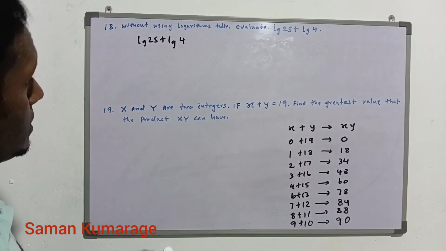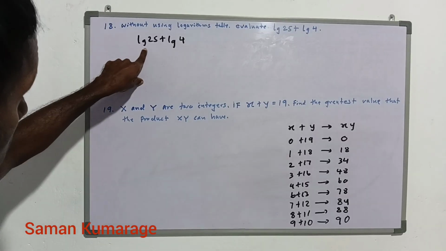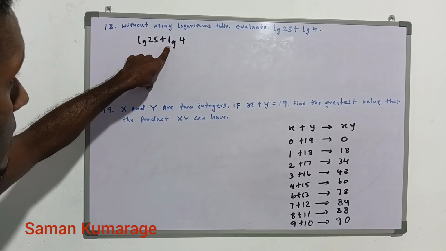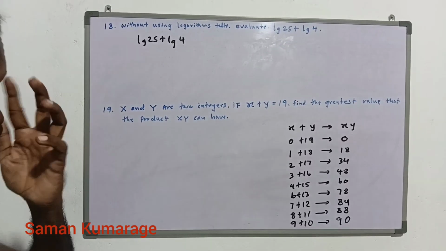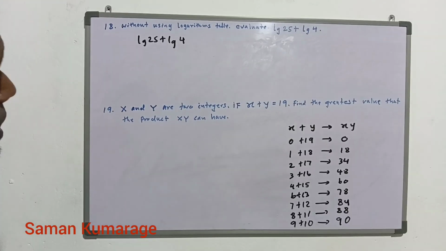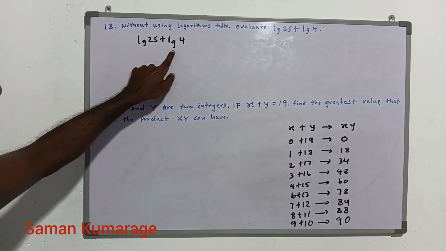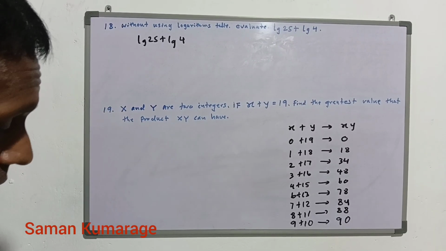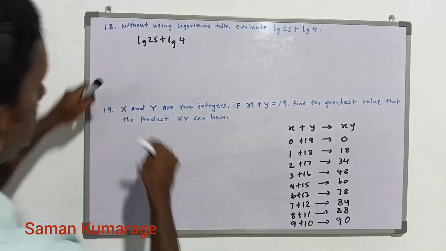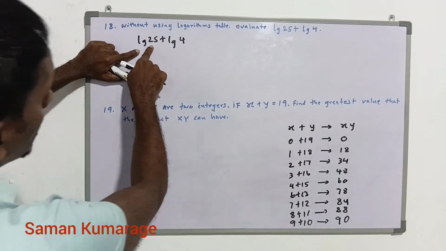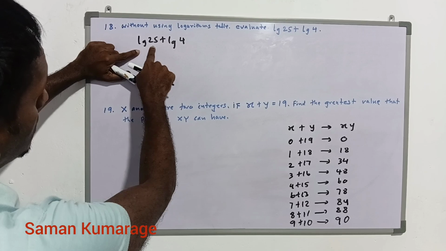The base here is 10. According to the logarithm rules we have studied, the sum of logarithms is equal to the logarithm of the product of the arguments.